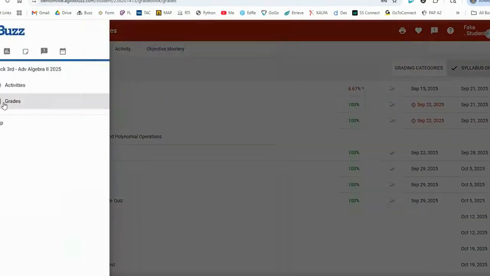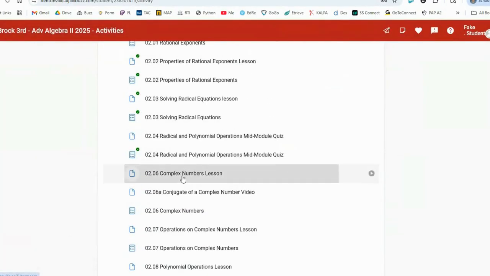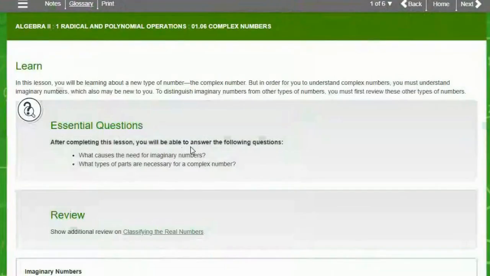All right, let's look at our lessons this week, 2.06 and 2.07, complex numbers. In this lesson, you'll be learning about a new type of number, the complex number. But in order to understand complex numbers, you must understand imaginary numbers, which may also be new to you, or maybe not.